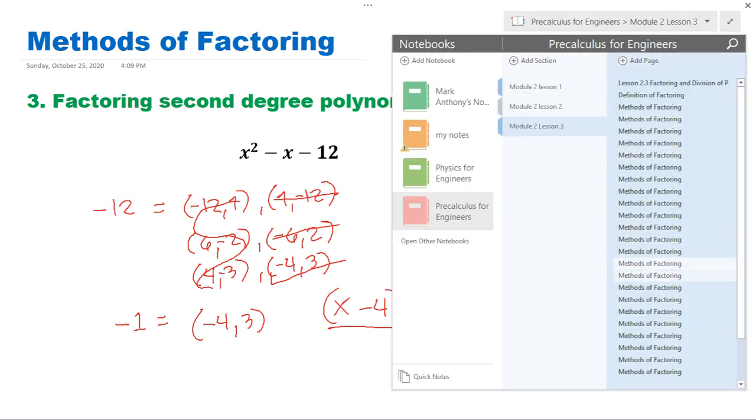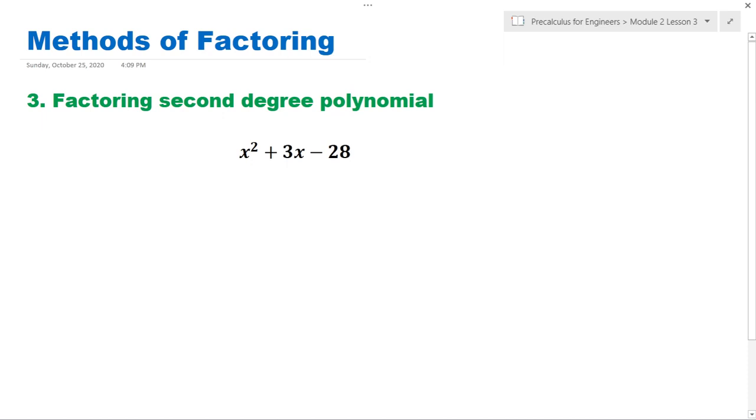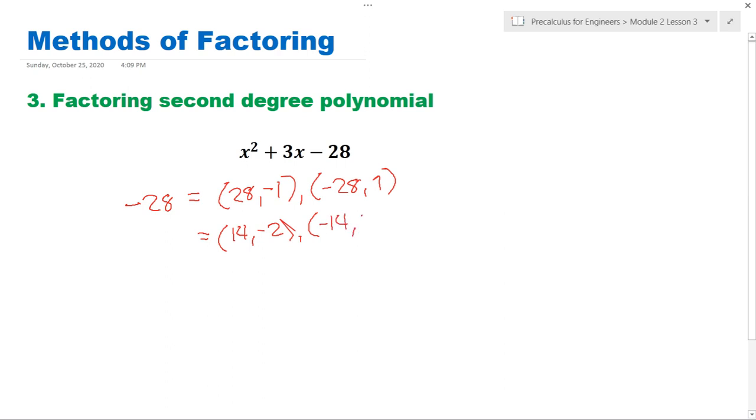So, next, how about we have here x squared plus 3x minus 28. For our negative 28, you can factor this as 28 times negative 1 or negative 28 times 1. Or you can have 14 times negative 2 or negative 14 times 2. You can also have 7 times negative 4 and negative 7 times 4.